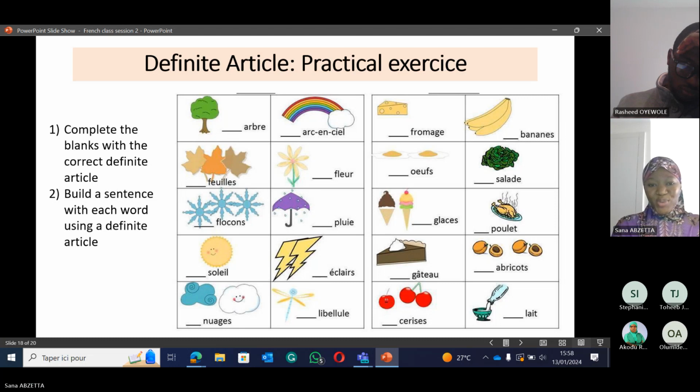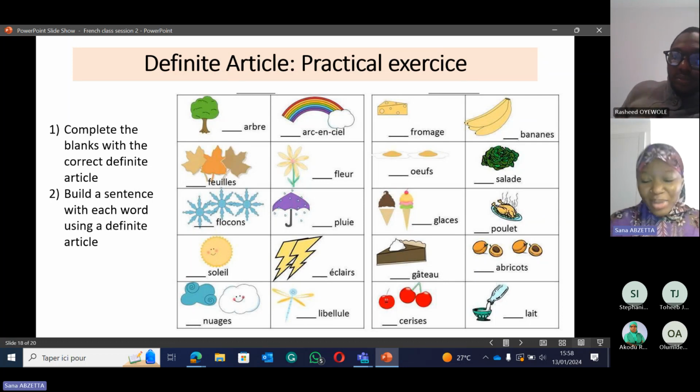Feuille, flocon, soleil, nuage, arc-en-ciel, fleur, pluie, éclair, libellule, fromage, œuf, glace, gâteau, cerise, banane, salade, poulet, abricot, and lait.